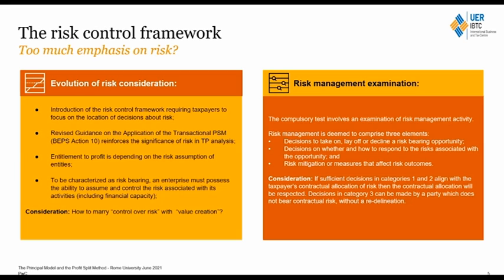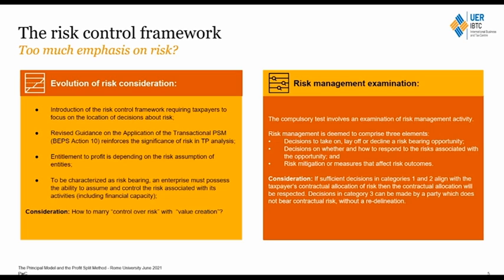So that sort of financial capacity is not simply saying I create financial capacity by the sheer fact that I'm creating economic ownership. I think it was very clear that the OECD abolished the notion of economic ownership. So my question is then, how do we marry the control over risk with the value creation?